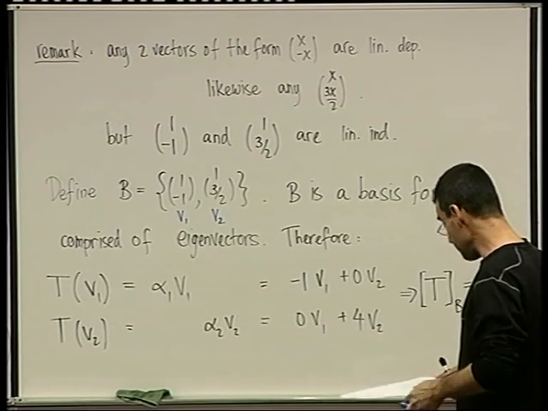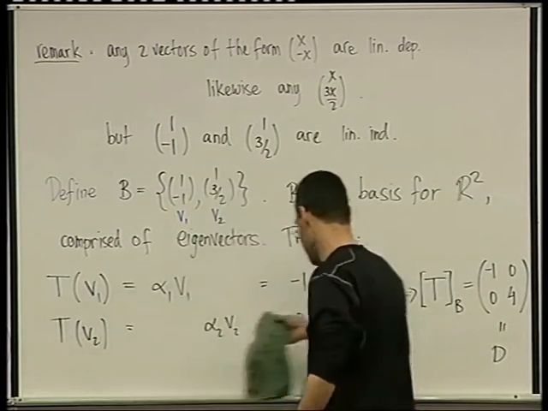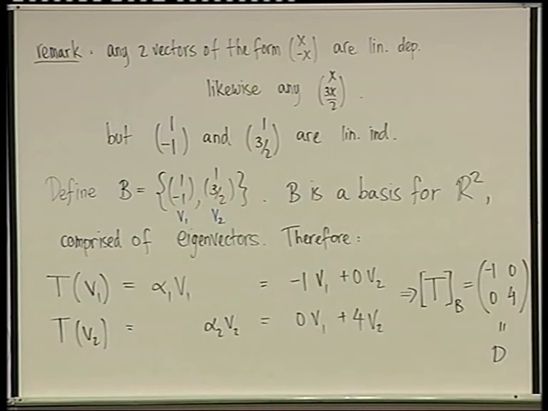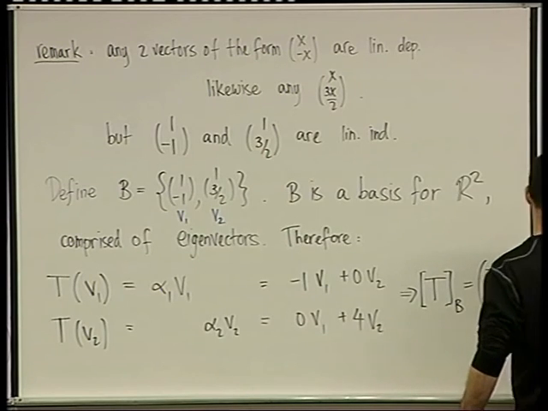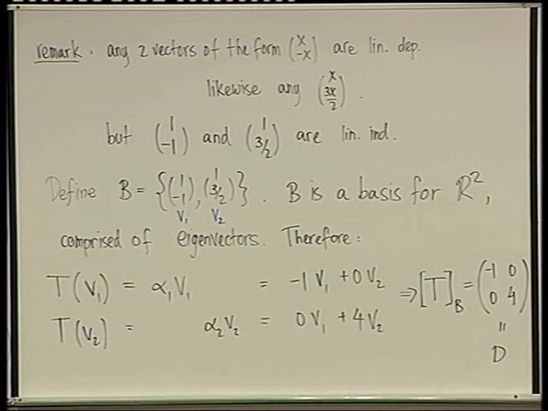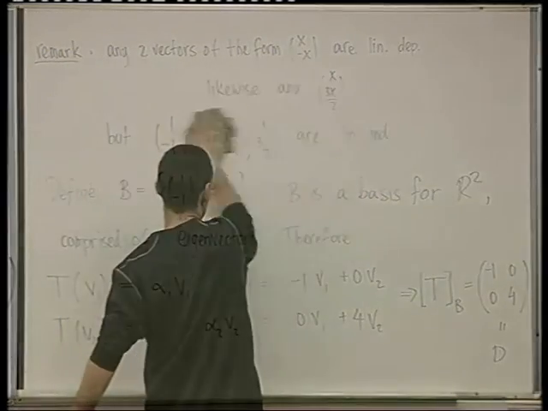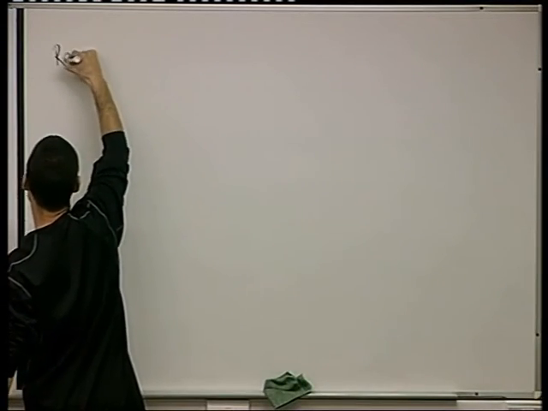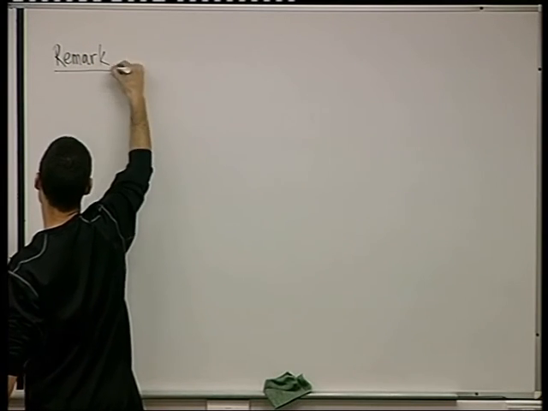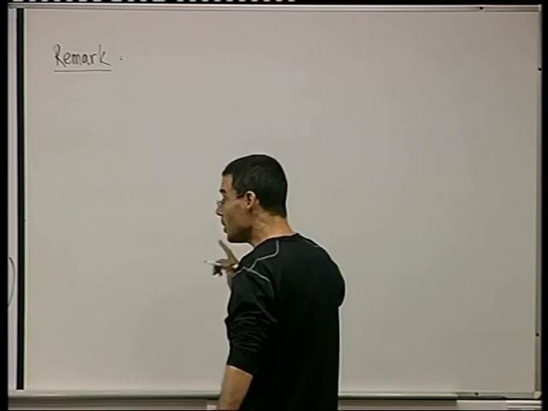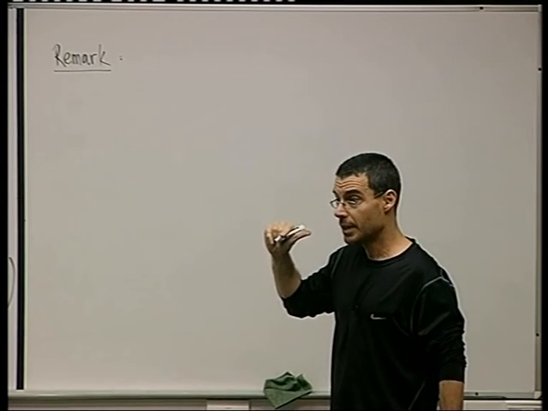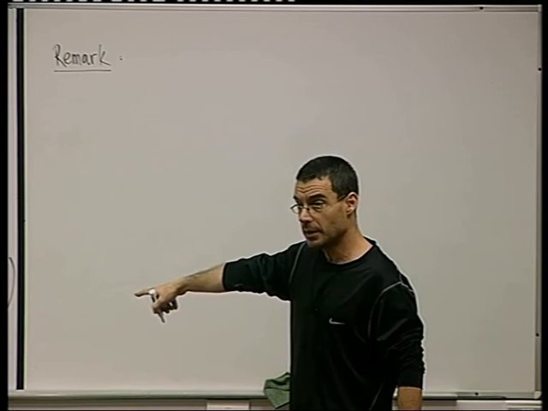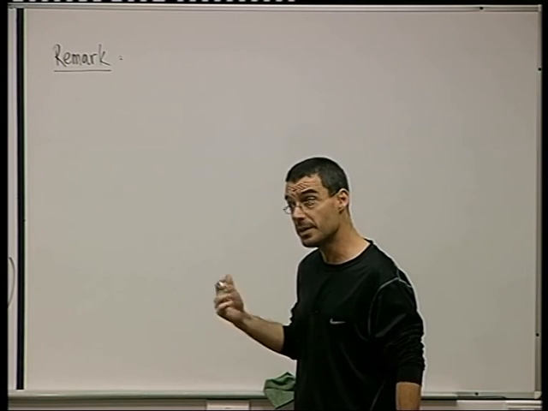Okay. Here's another remark. So we know that the A we started with and the D we derived, the diagonal one, what can we say about them? Similar. They're similar, right?